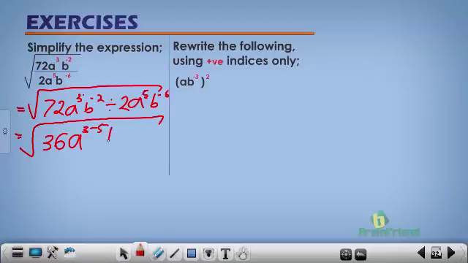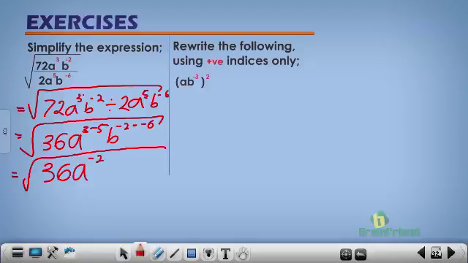Also, taking like terms of our powers of b, we would have b raised to power minus 2 minus 6. So this would give us what? Square root of 36 a raised to power minus 2, since 3 minus 5 is minus 2. b raised to power minus 2 minus 6 would give us minus 2 plus 6. Minus 2 plus 6, of course, would give us 4.